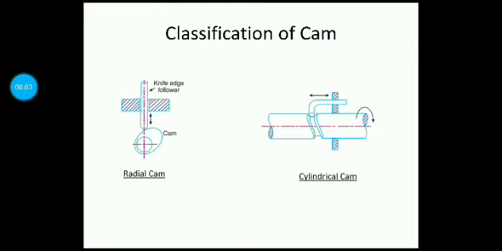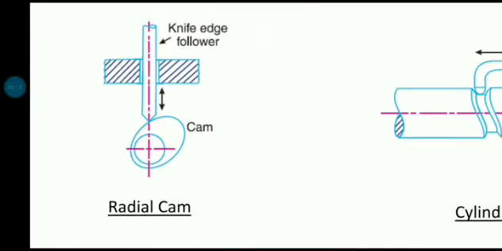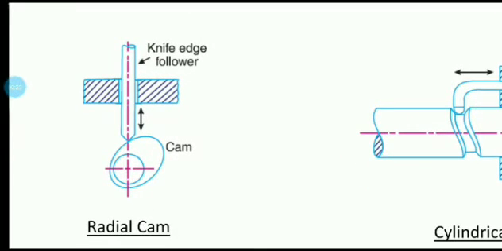Now we are going to discuss the classification of the cam. Cams are classified into two. One is known as the radial cam and the other is known as the cylindrical cam. In the case of a radial cam, the axis of the follower and the axis of the cam are perpendicular to each other.